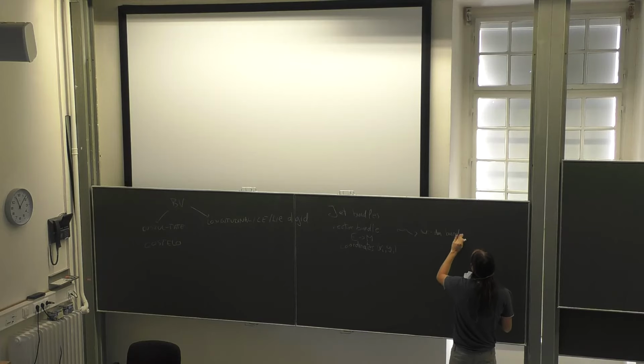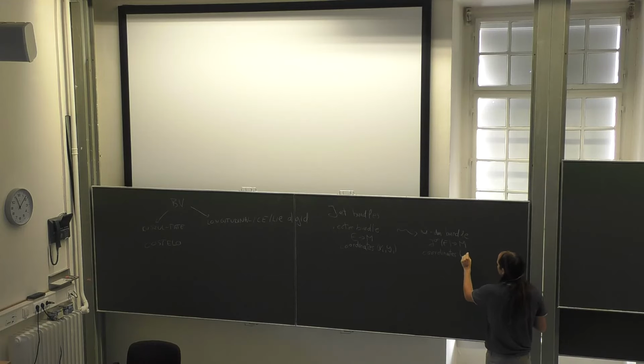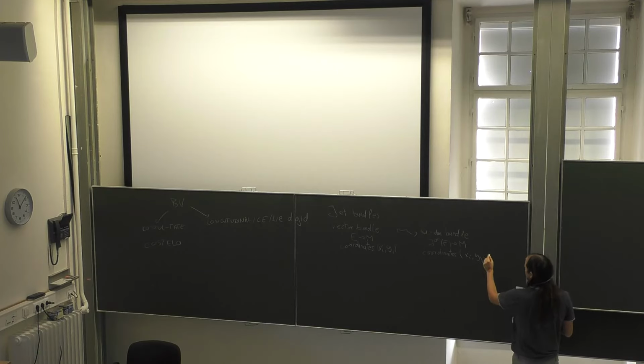I will be more precise: J infinity of E to M, and the coordinates will be the usual coordinates x_i, y_j, but you also have additional coordinates for each partial derivative of the fiber coordinates, and also higher.